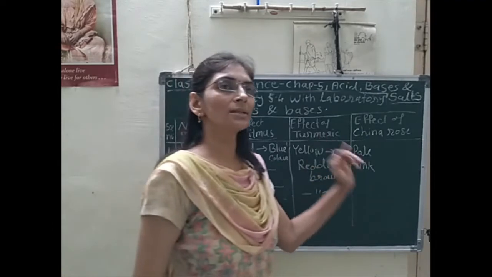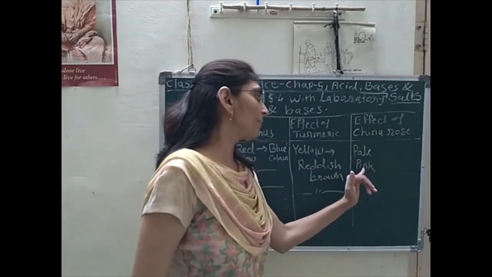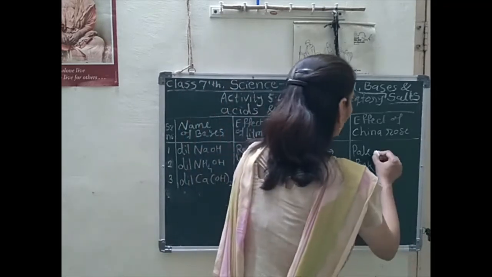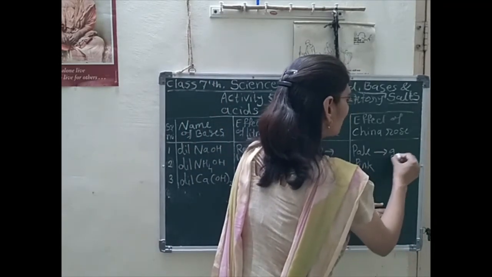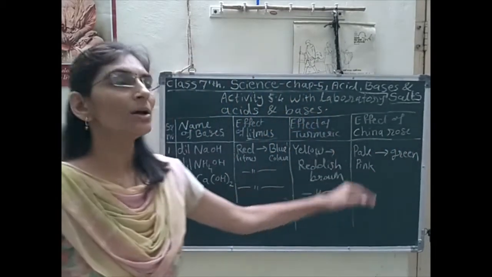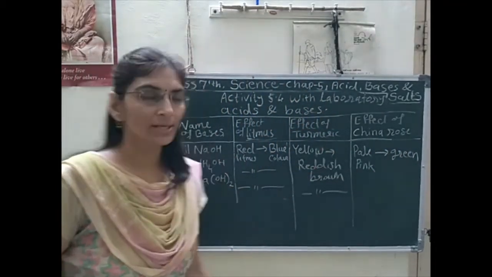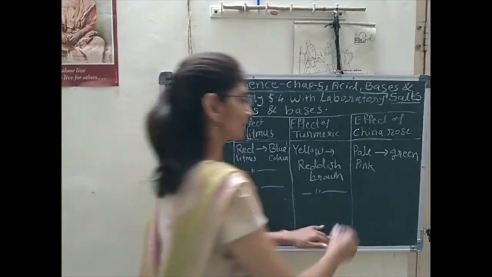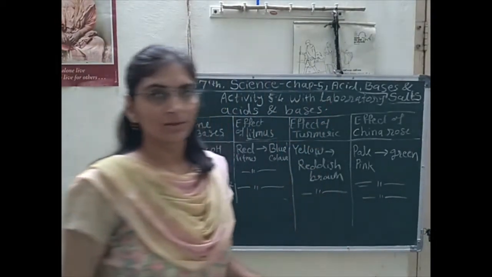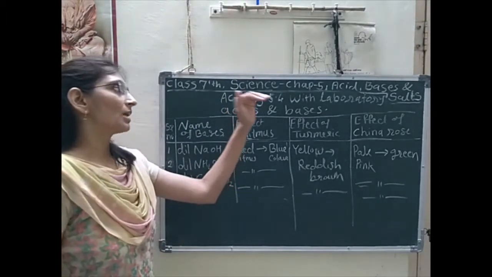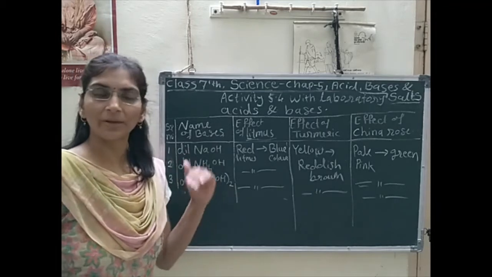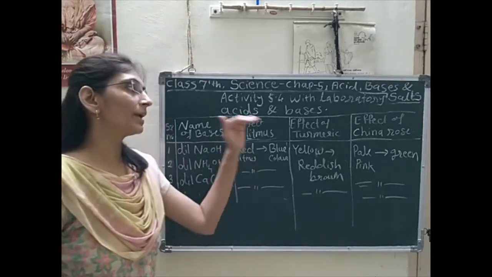The pale pink color of the China rose indicator will turn into green color. This is our observation with the China rose indicator, and all the bases will show the same effect. So this is about our activity 5.4 that we have to perform in the laboratory.